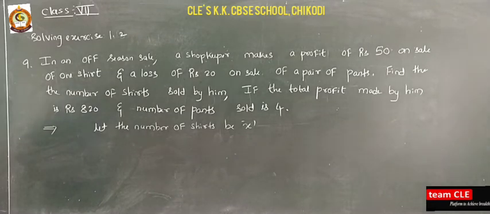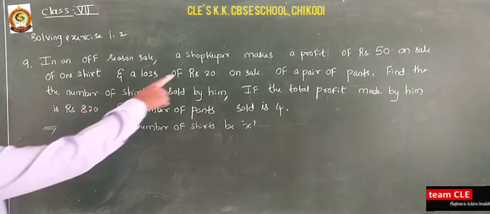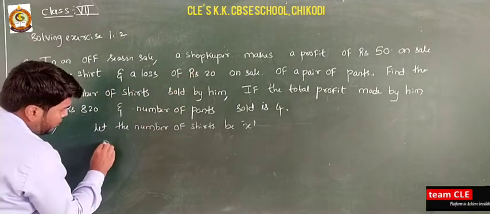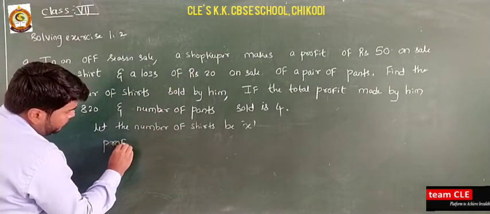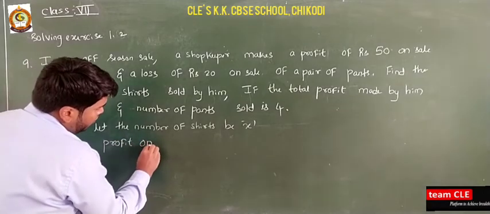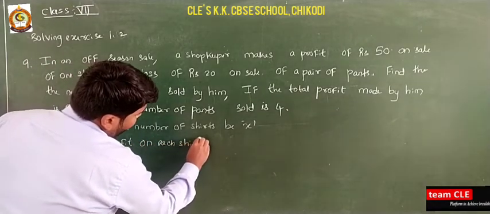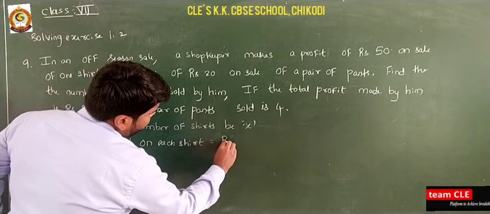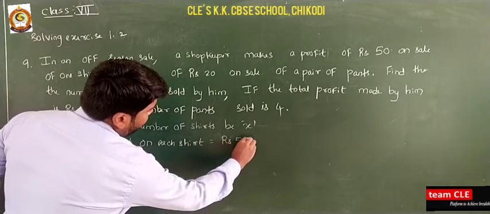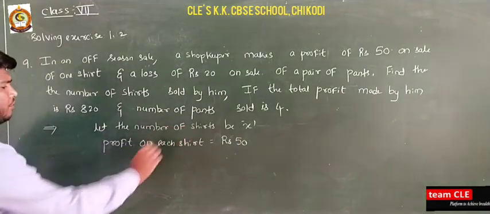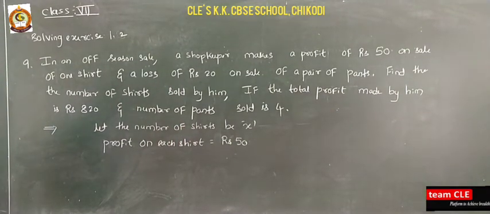The profit on each shirt is rupees 50. They are given: let the number of shirts be X and the profit on each shirt is rupees 50.